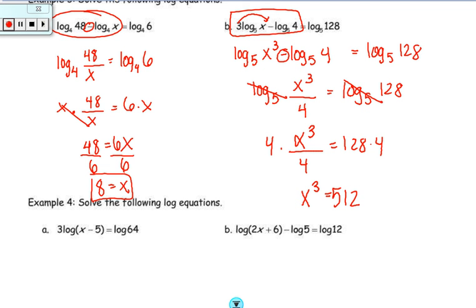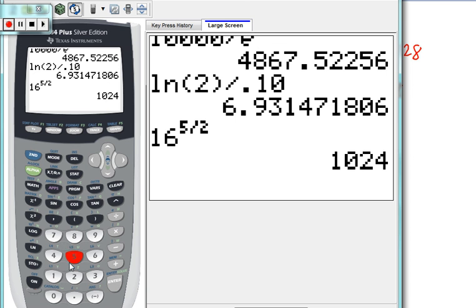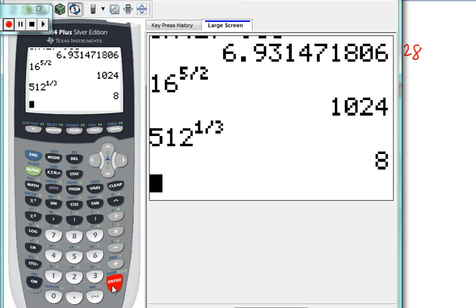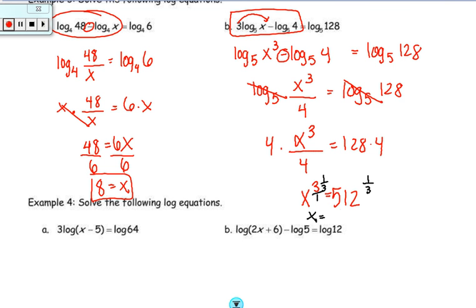I could take a cube root, or remember, I could always write an exponent as a fraction and then flip it. So x would equal whatever 512 to the 1/3 is. 512 to the 1/3 is equal to 8. So x equals 8.